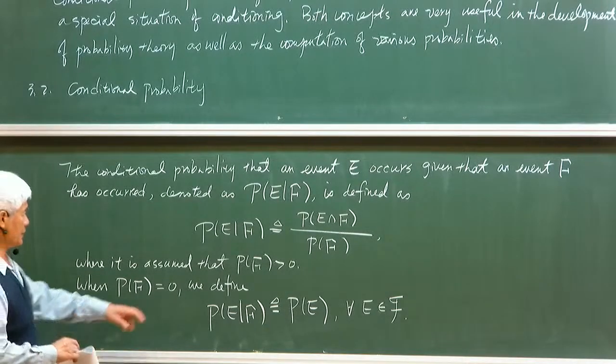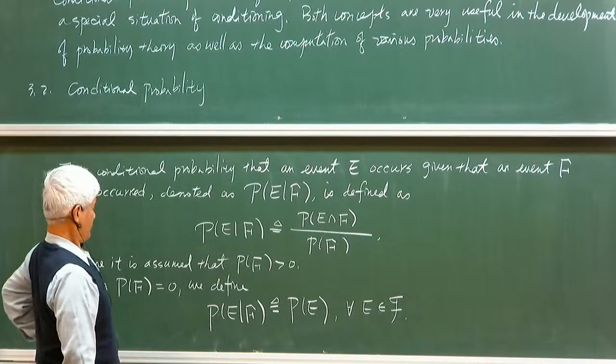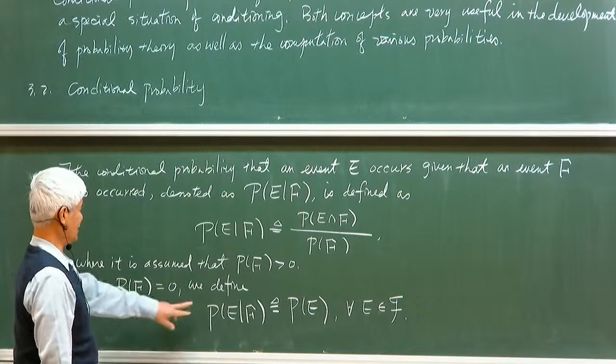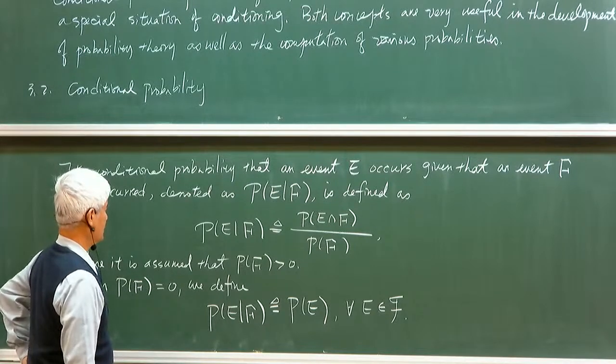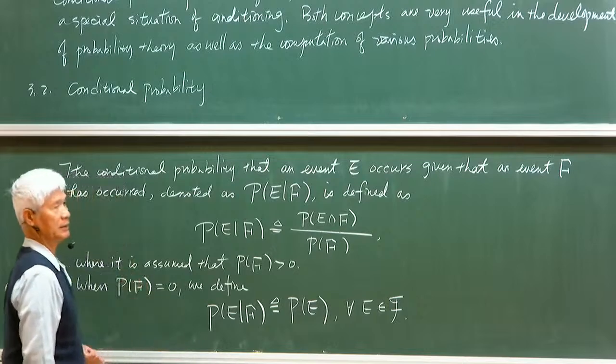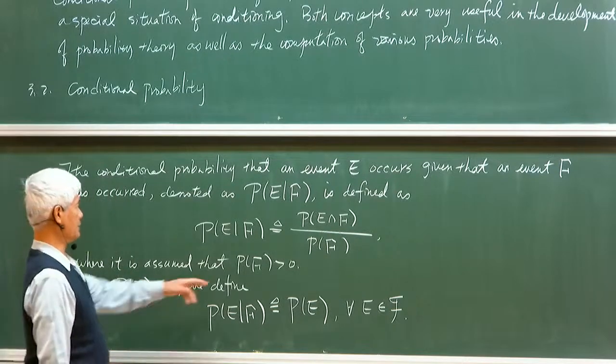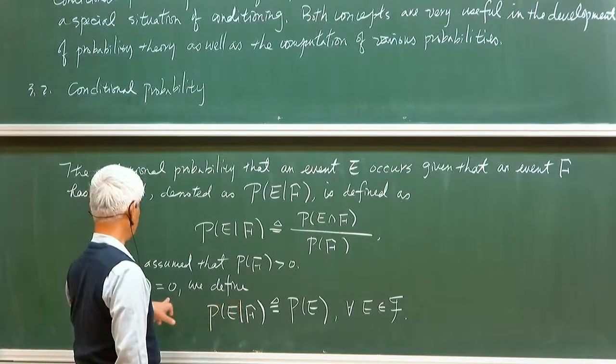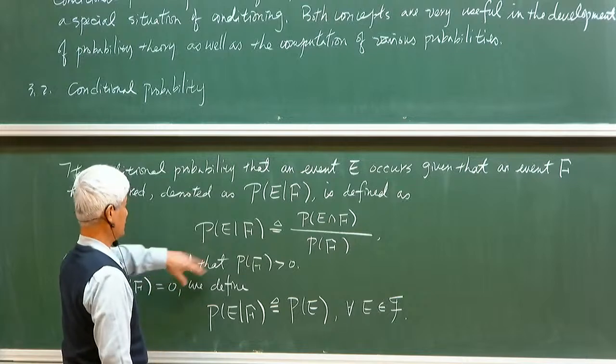So with this supplemental definition, the given event F can have probability which is positive or 0.